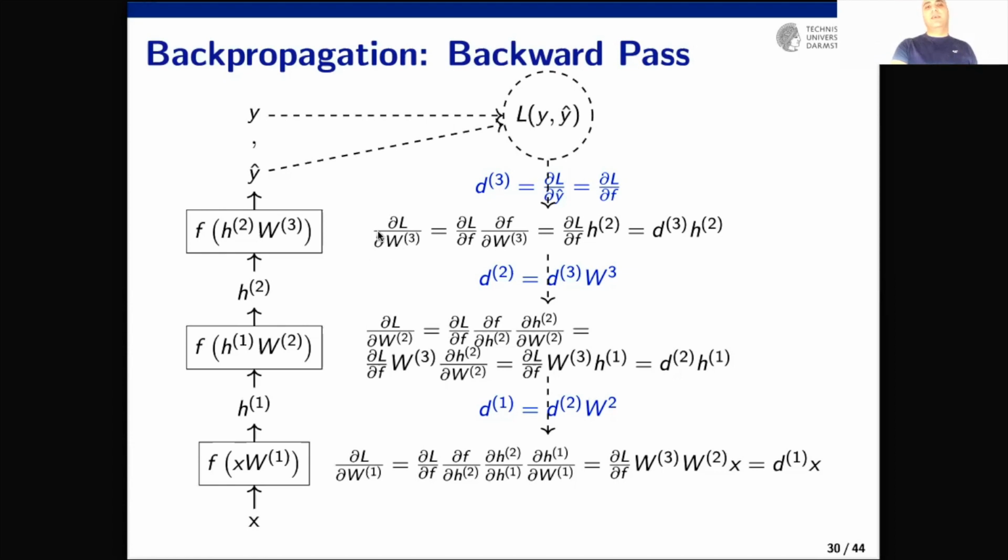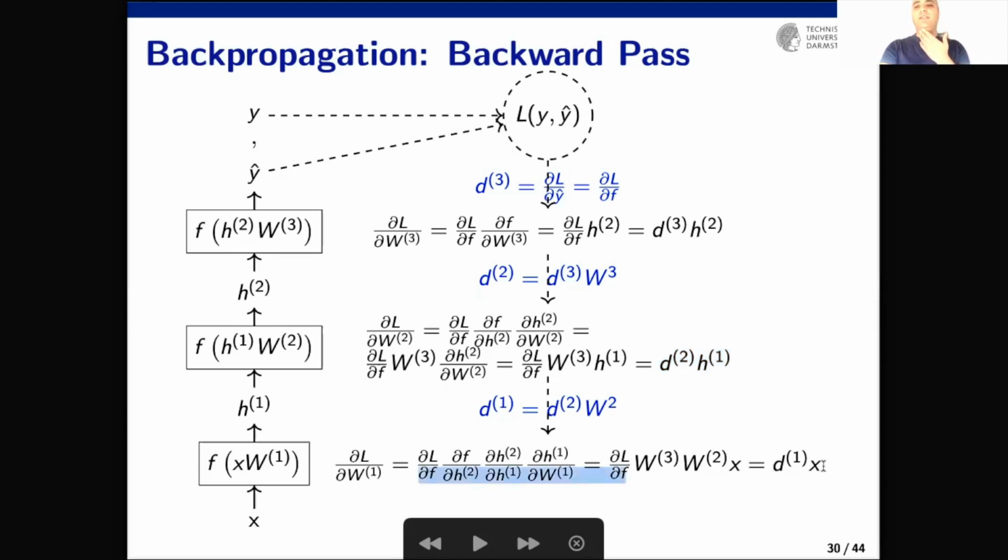Whenever we need to calculate the derivative of loss with respect to parameters in the third layer, we just multiply D3 by the value of H2. When we want to find the loss with respect to the parameters in the second layer, we multiply the error at this step that we saved in variable D2 times the input, H1.